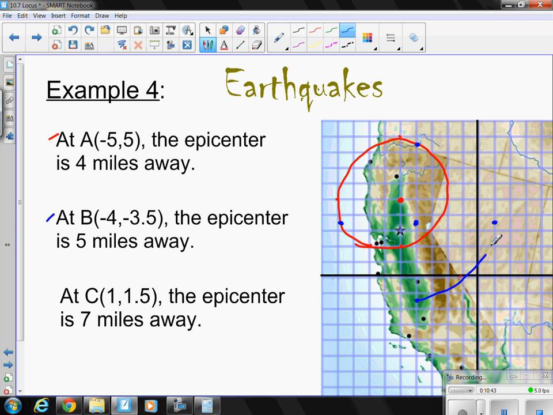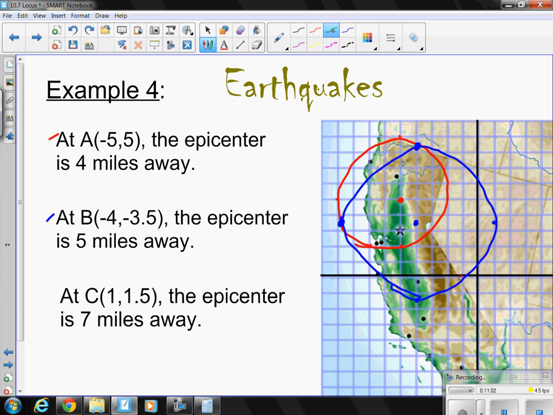So this one registered the earthquake 5 miles away. So a second station, terrible circle, but notice these are kind of the key points where the two stations picked up the earthquake. It's going to be either one of these 2 points.